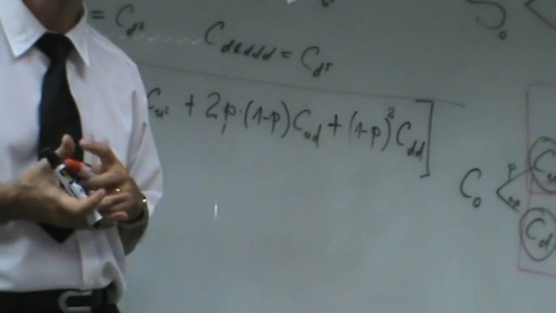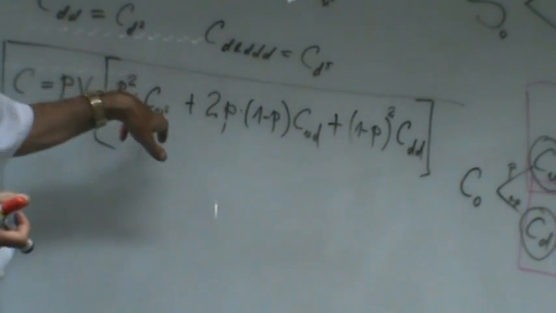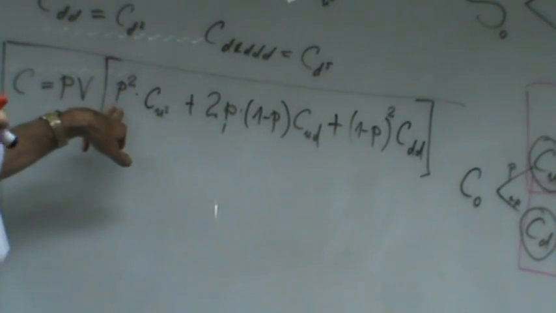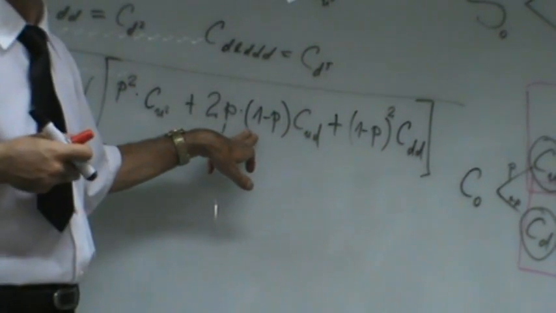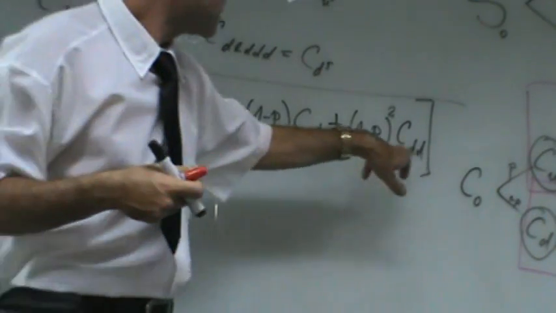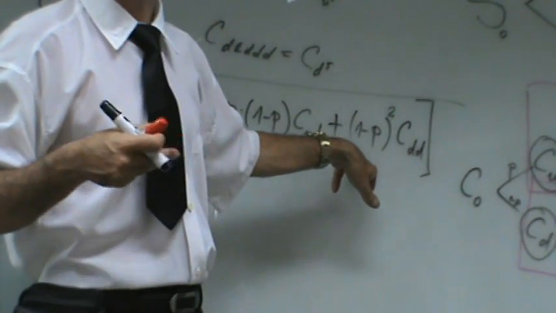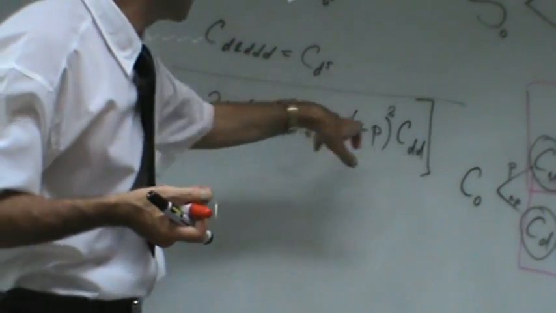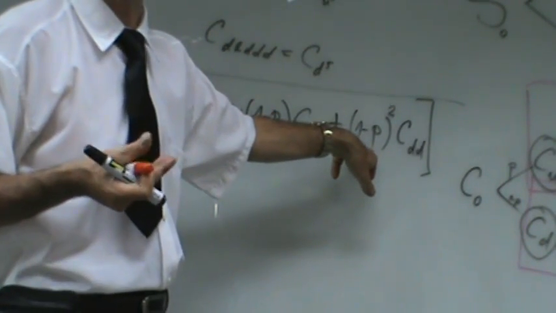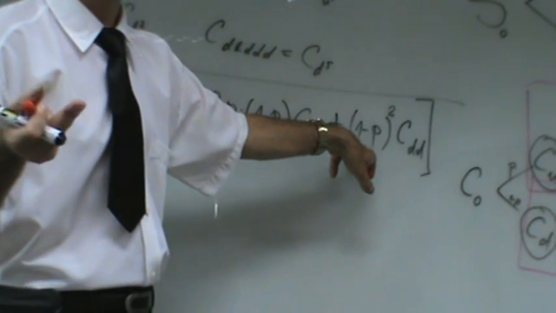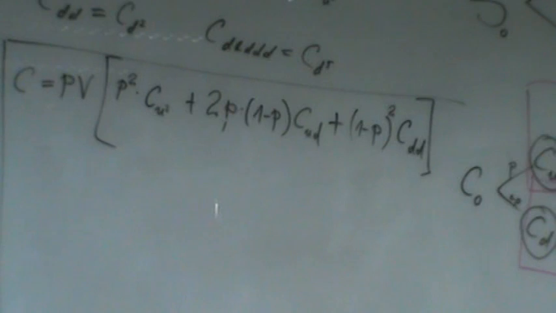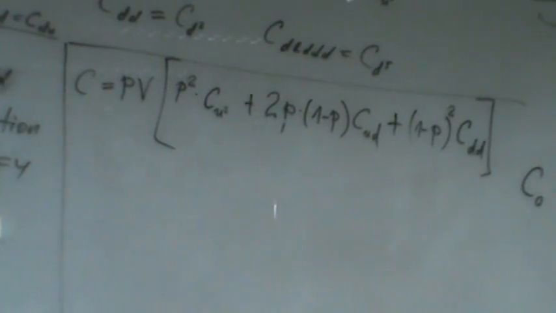So you have the outcome up-up with its probability, up-down or down-up with its probability, and down-down with its probability. When you sum these, of course you will get exactly 1. The probability is 1. That's a simple two-period formula.